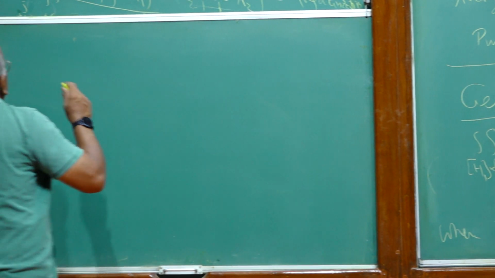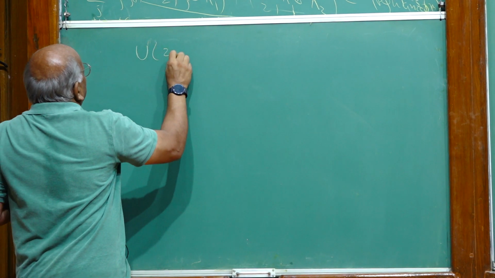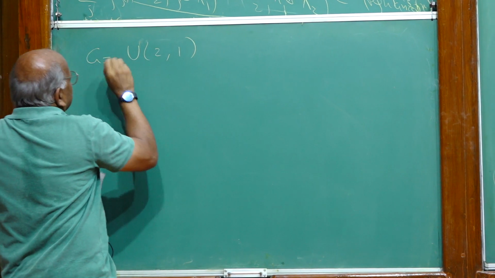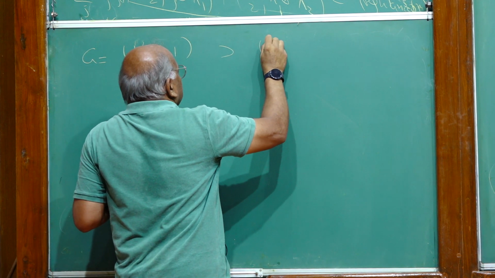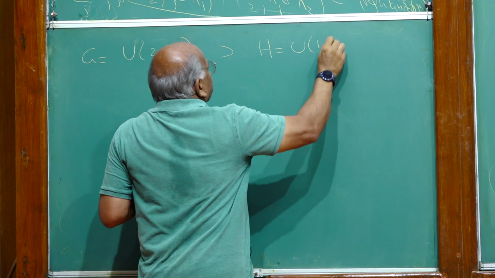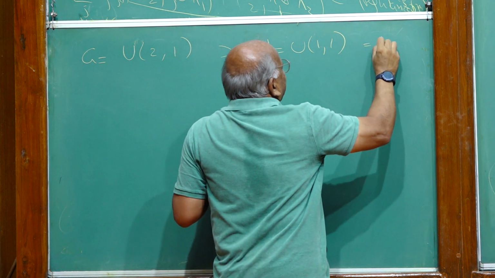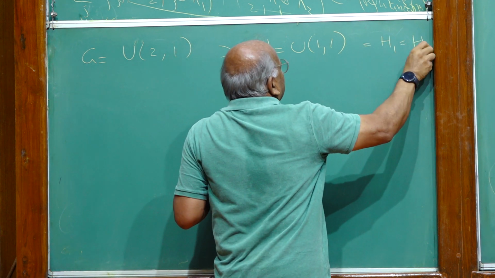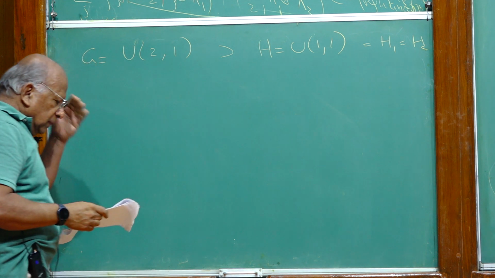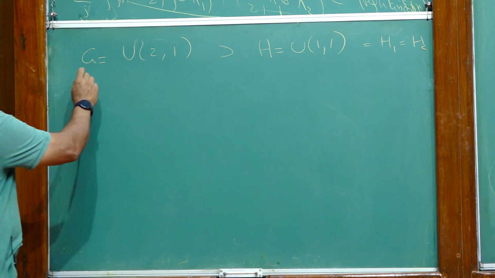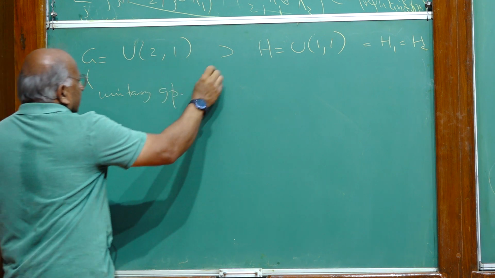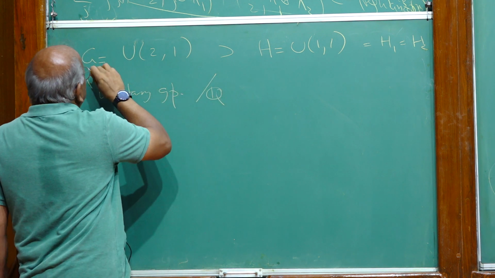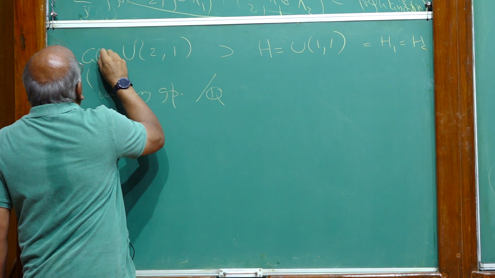It's okay. So now let's look at the case U21. In this case, I'm interested in G is U21 and H is U11, and I'm going to take this to be the H1 and H2 here. So essentially, this is going to be a unitary group. I'm going to look at a group defined over Q, and I'm taking the real points, if you like.